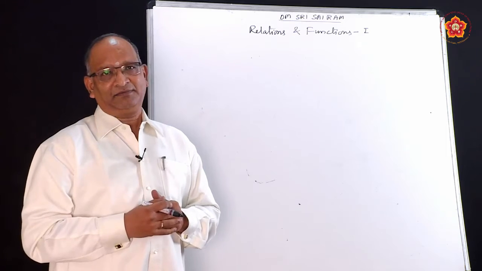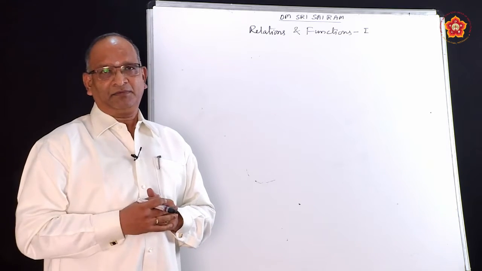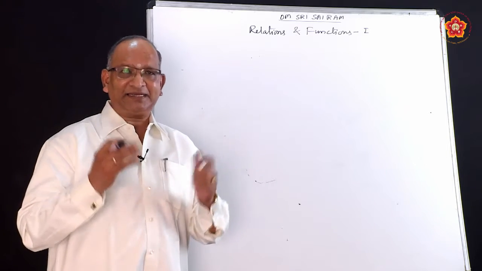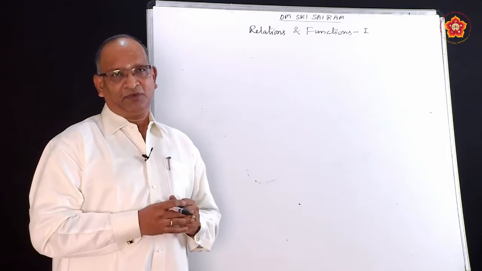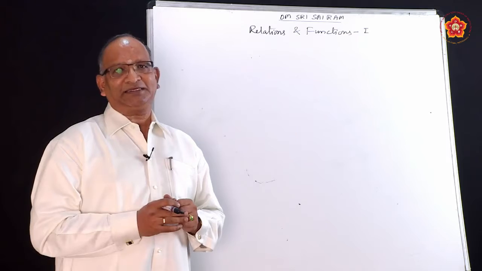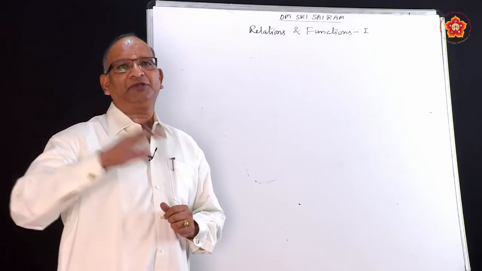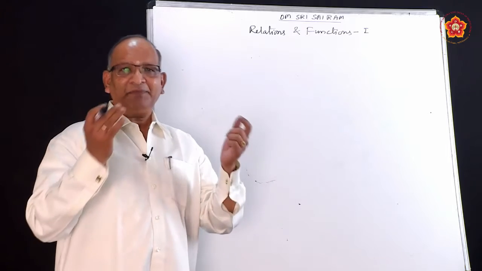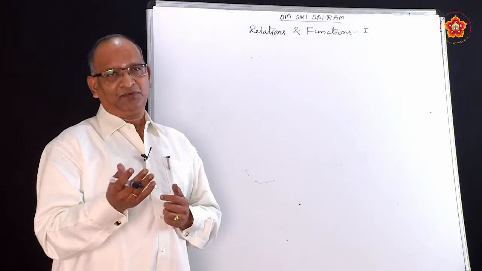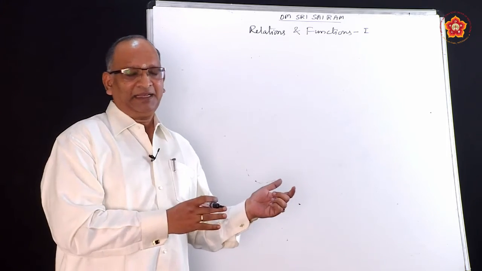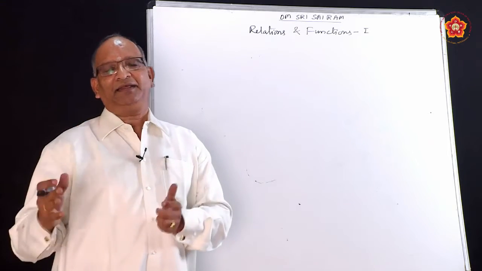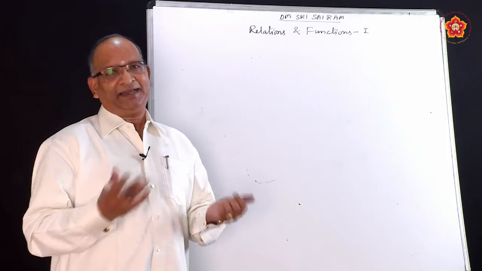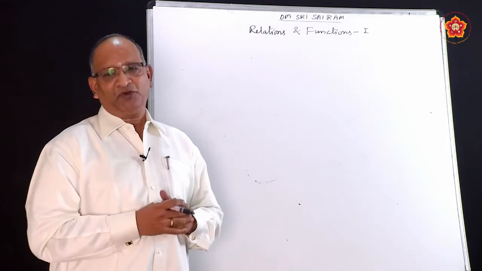Father and son, daughter and mother, son and mother, so many relations can be there in one set itself, one family itself. So, whenever we talk about relation, it is not necessary that you need to have two different sets. It can be two different sets, but it can be from one set to itself, elements of set A to elements of set A. So, both the types are correct and whichever way you wish you can define.